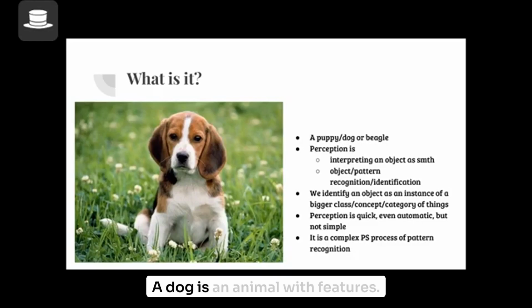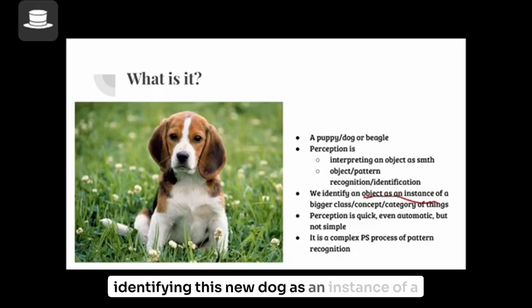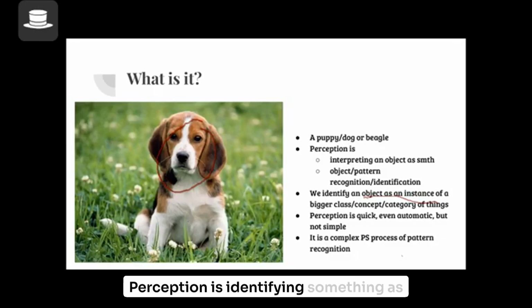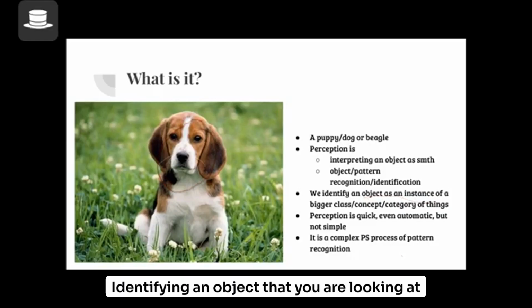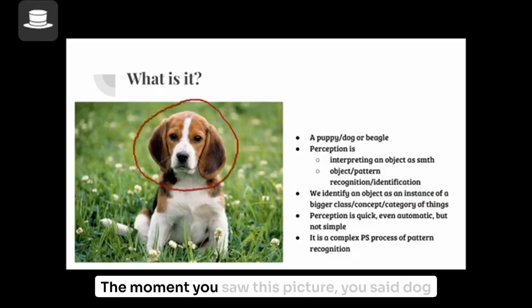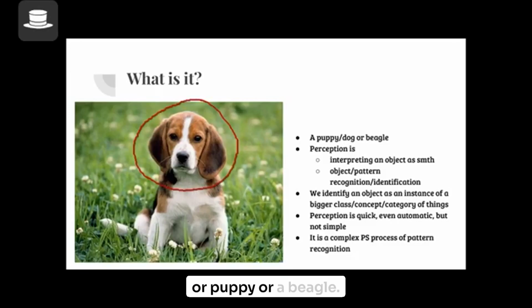A dog is an animal with features. When you perceive a new dog, you're identifying this new dog as an instance of a bigger category of things called dogs. What is perception then? Perception is identifying something as something, identifying an object that you are looking at as an instance of a bigger category of things. It was quick, right? The moment you saw this picture, you said dog or puppy or a beagle.